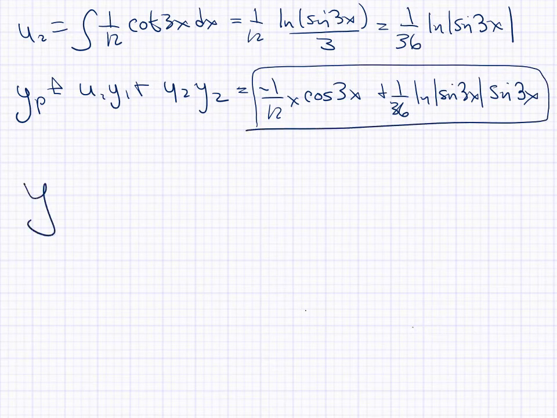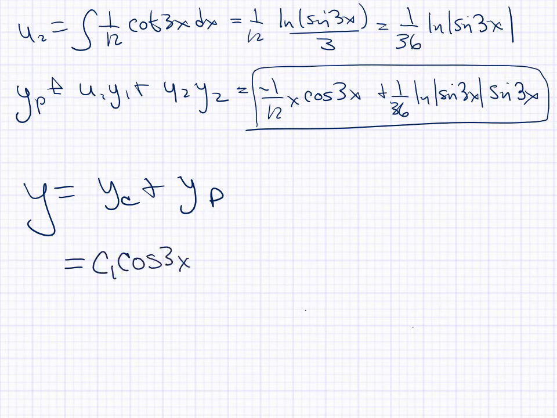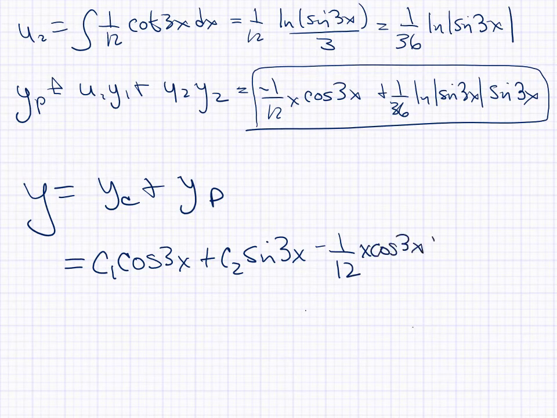So then our general solution is y sub c plus y sub p. In this case, it's c1 cosine 3x plus c2 sine 3x minus 1/12 x cosine 3x plus 1 over 36 sine 3x.